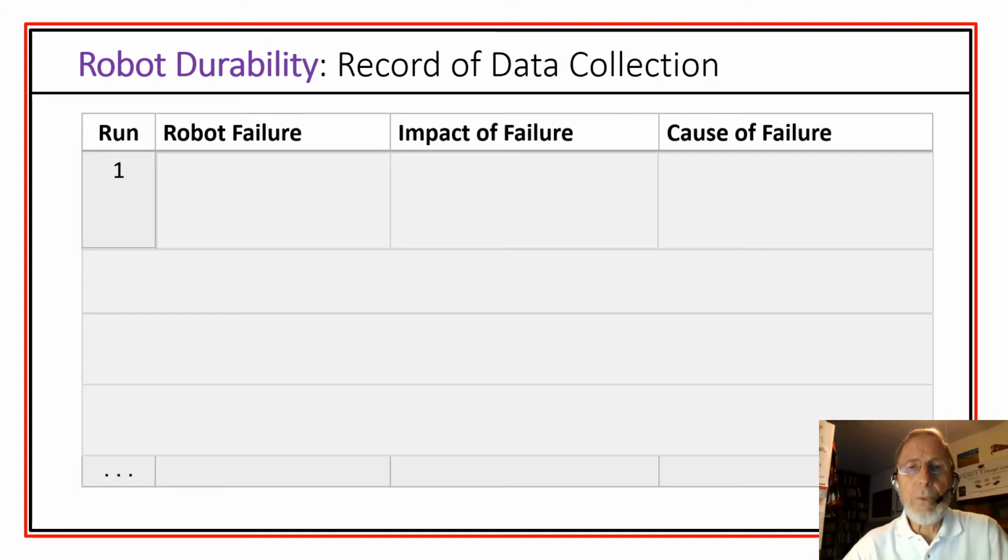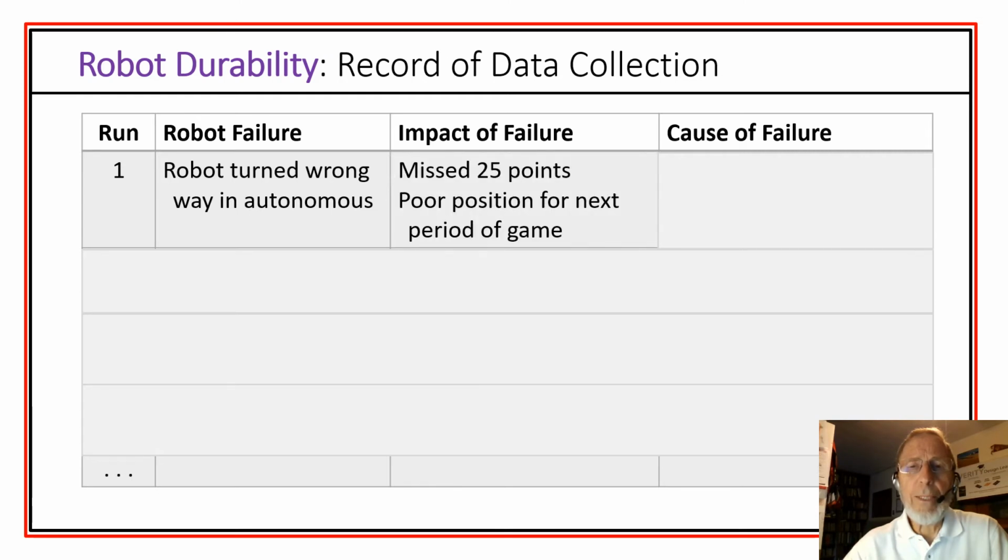So the data we would collect then would be, for each run, what failure occurred, the impact of that failure, and the cause of failure. Let's say that for the first failure that we saw, the robot turned the wrong way in autonomous. All right, we have to stop and ask, what was the impact of that?